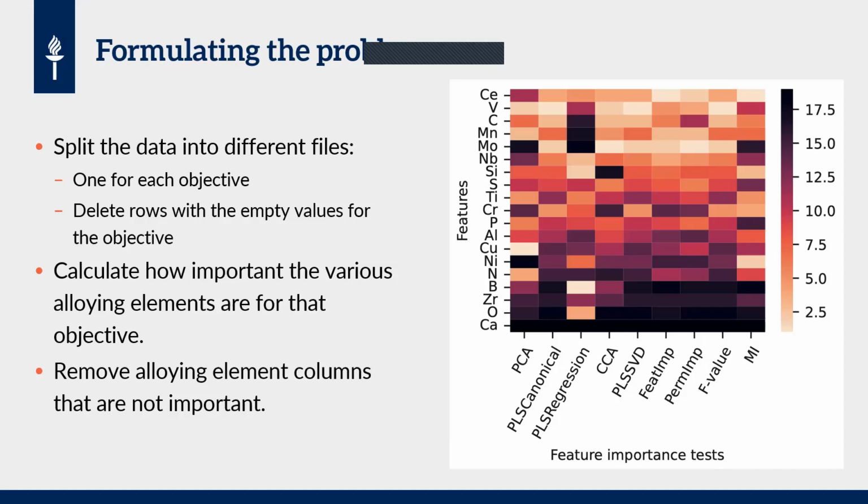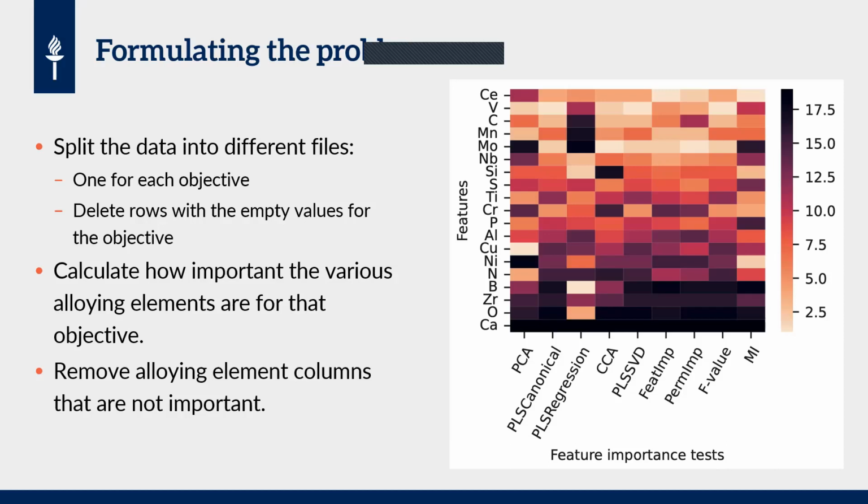So at least for that particular objective, we can remove a bunch of these decision variables entirely from consideration. And suddenly we are not dealing with a 20-dimensional input space, we are dealing with, let's say, 10 or 13 or 15 dimensions, depending upon which of them. And we can do this independently for every other objective.